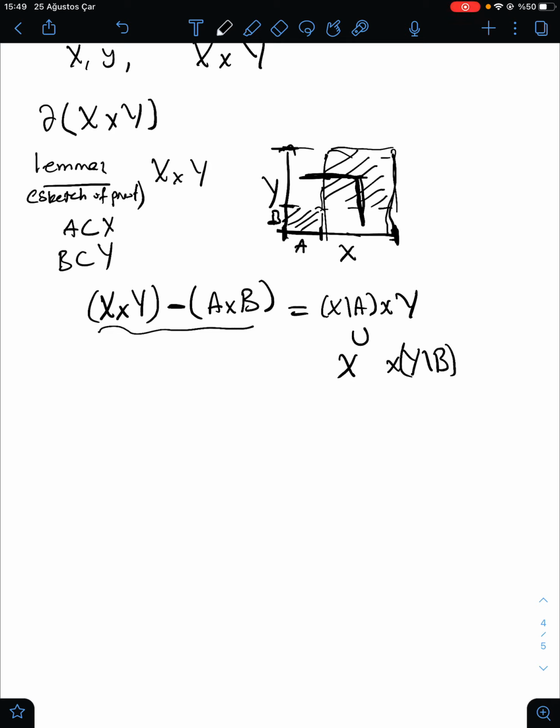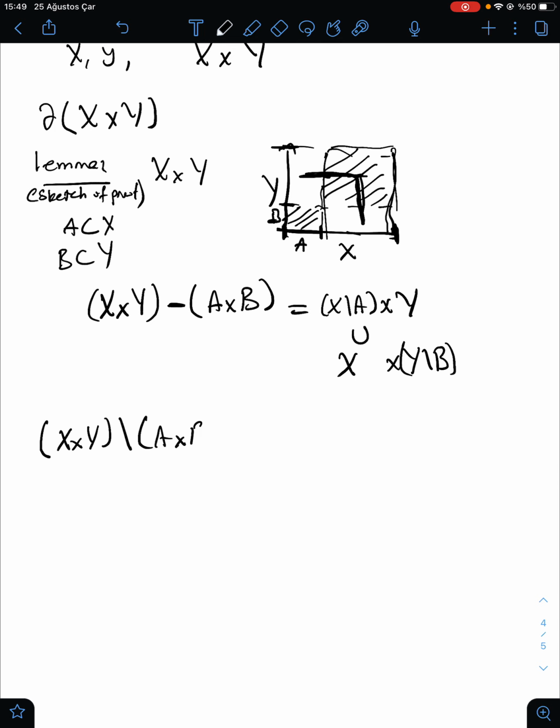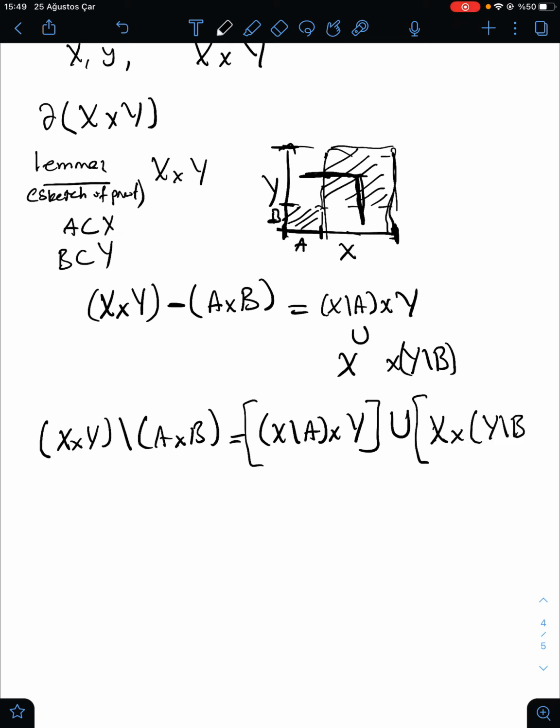You have an additional part, you are summing up this part twice, but it doesn't matter because you take the union. So it is written in a clearer way: X product Y minus A product B is X minus A product Y, united with X product with Y minus B.